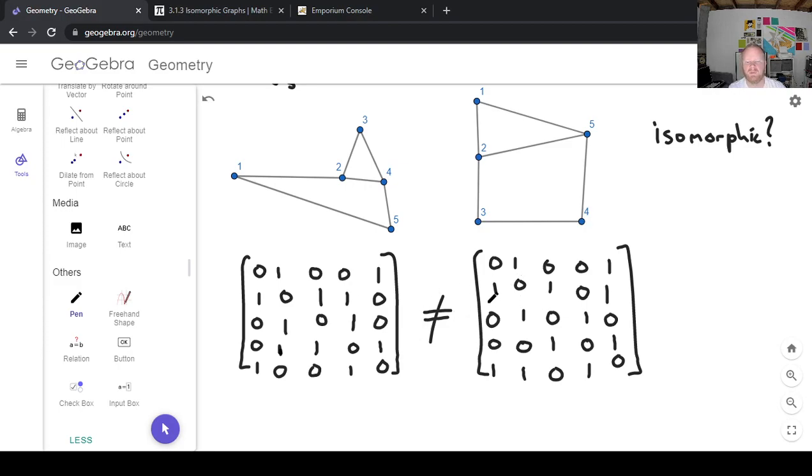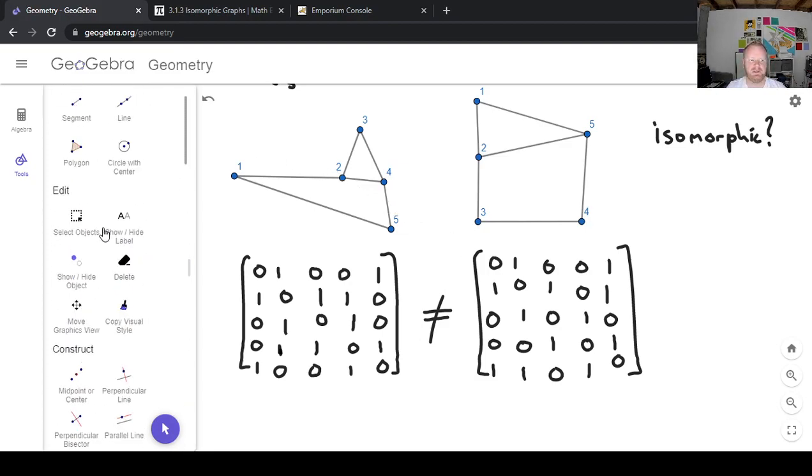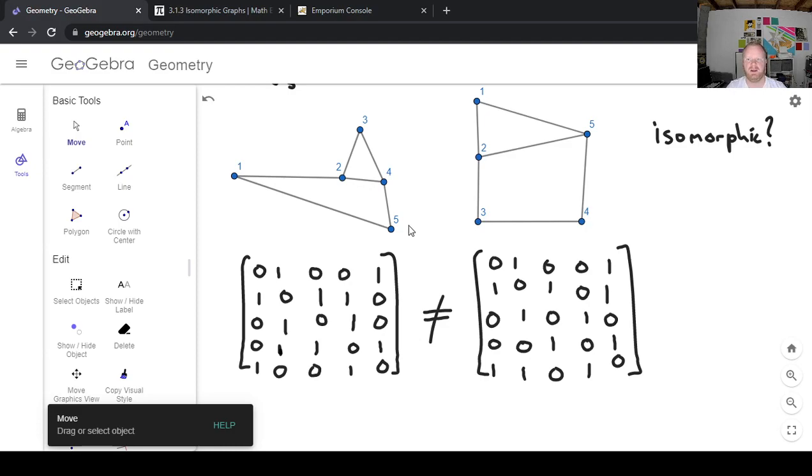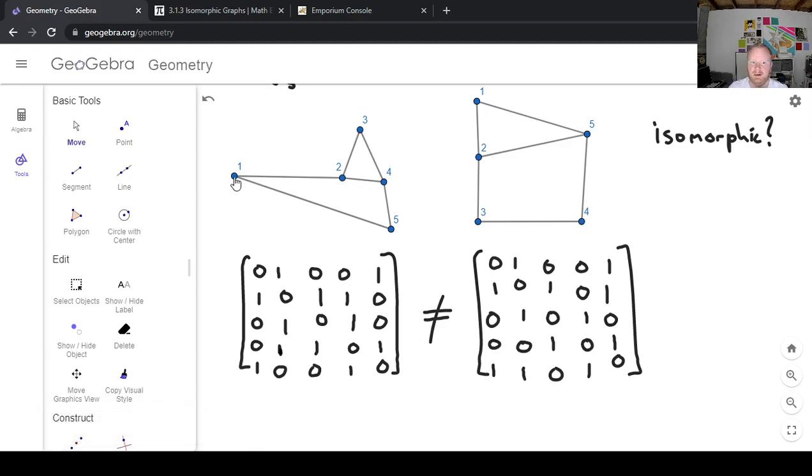So what we can try to do is start moving these around a little bit. I'm just going to try and line this one up as best I can to match the numbers that I've got over here.